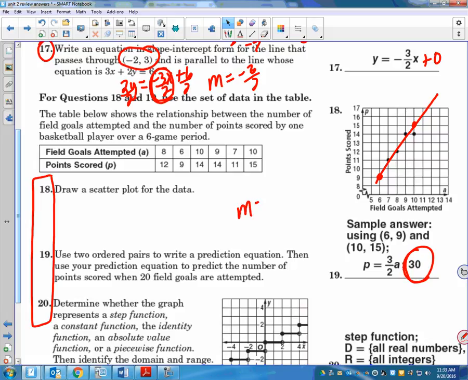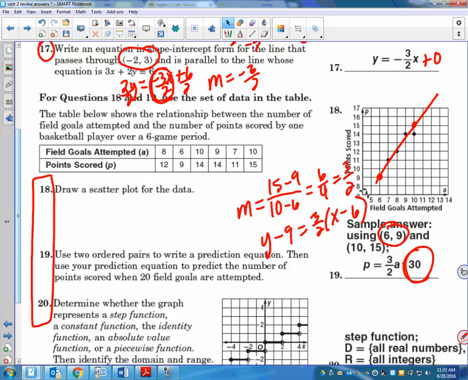If you found the slope of those 2 points, you would take 15 minus 9 over 10 minus 6, and you would get 6 over 4, which they reduce to 3/2. And then that's your slope, and you have to use one of these points and write the line that's through there. So if I use this point, I could say y minus 9 equals 3/2 times x minus 6.